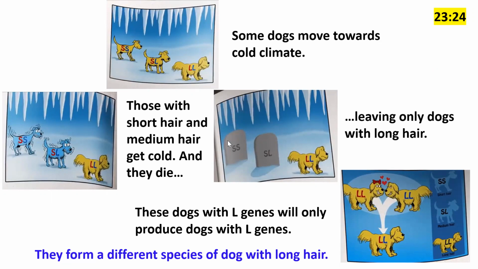So the SS and the SL are buried, leaving only the LL dog, the dogs with long hair. And these dogs with long genes will only produce dogs with long hair genes. So they form a different species of dog with long hair when you go to a cold climate.